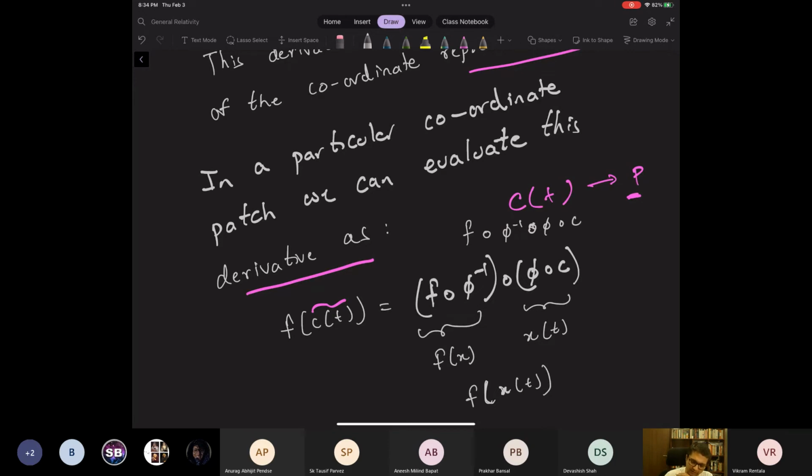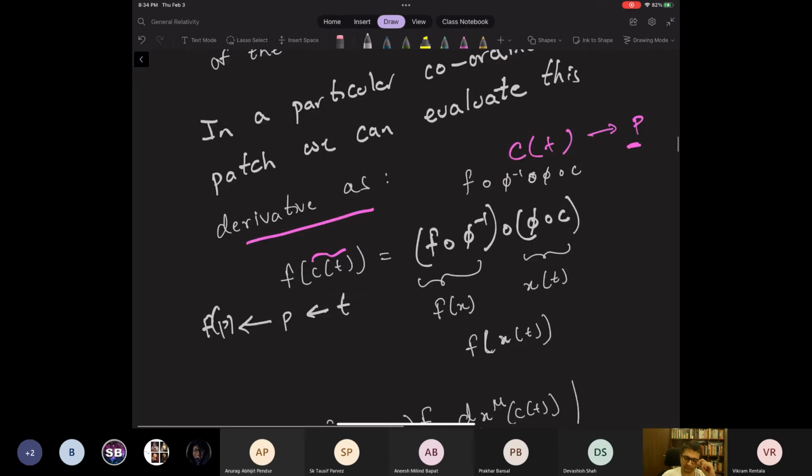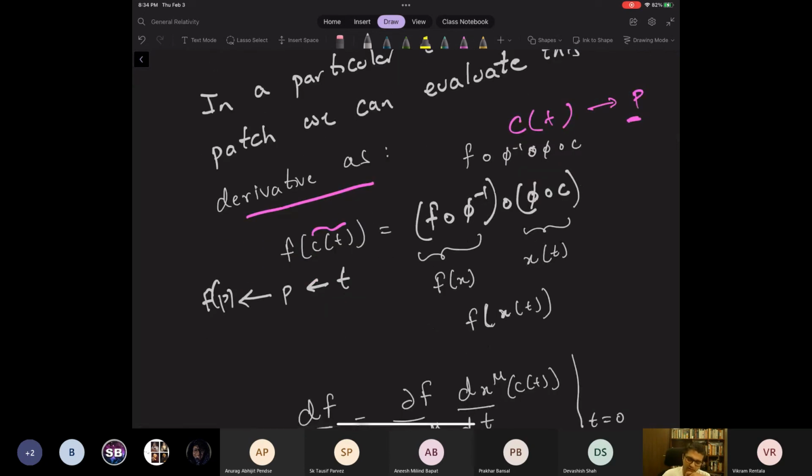So instead of directly going from t to the point on the manifold to the value of f of P, the function on the manifold, we make a stop.